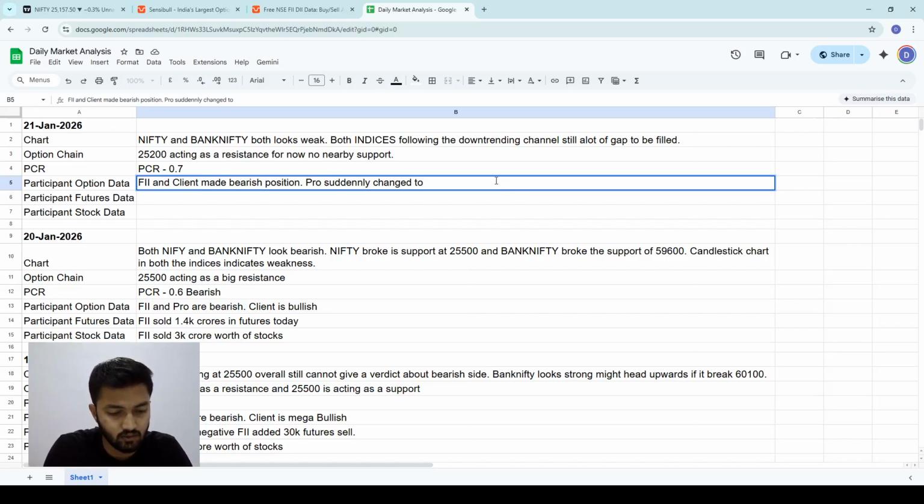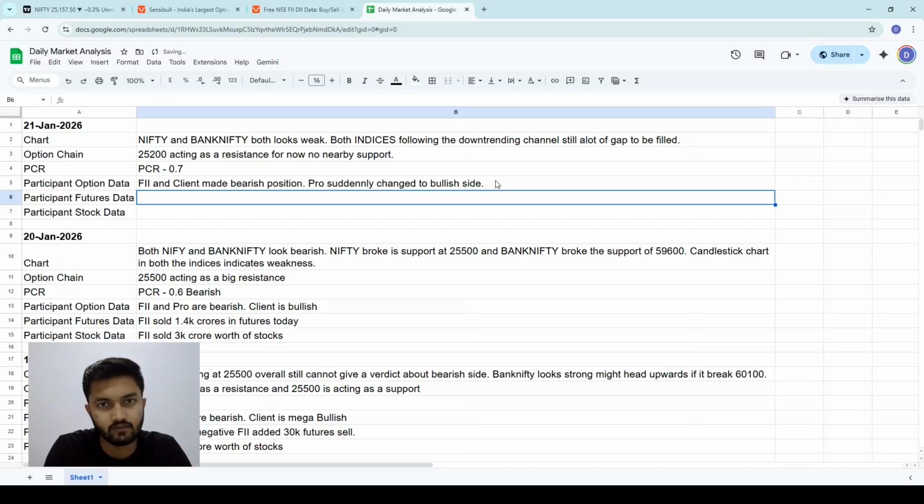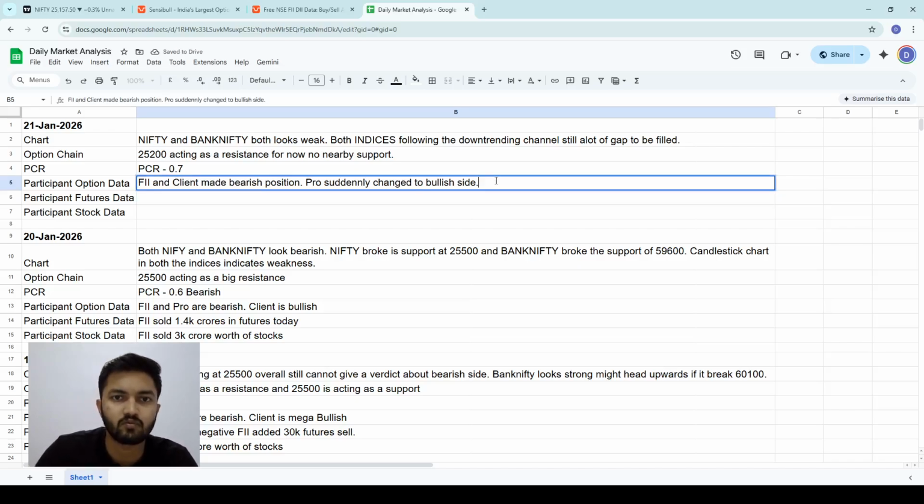Pro suddenly changed to the bullish side. Pro is bullish on markets. We can say this.